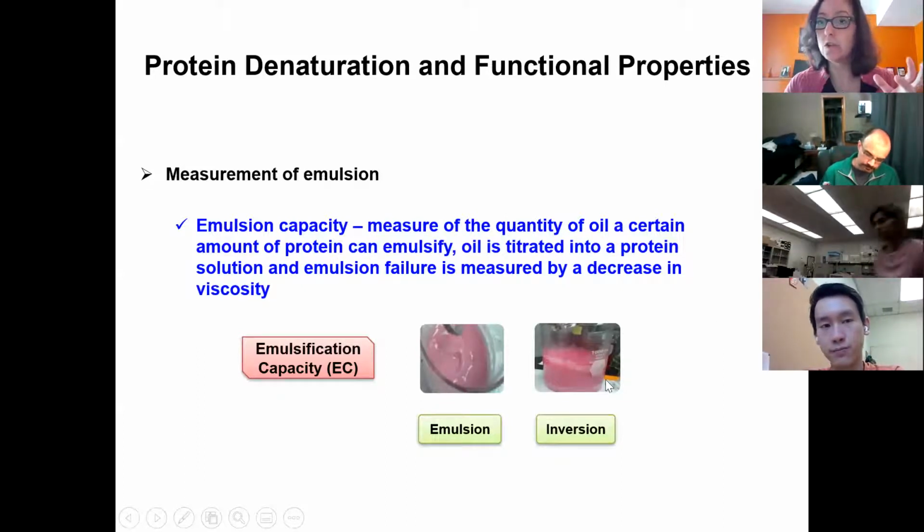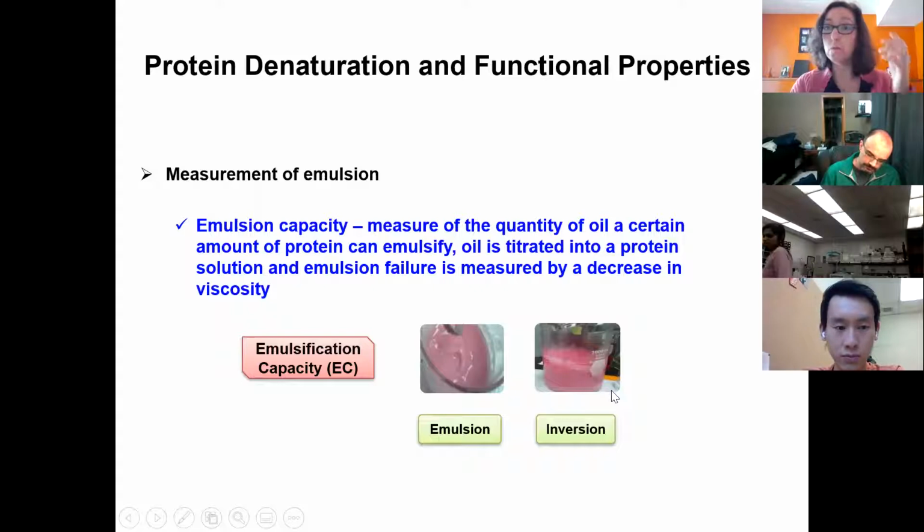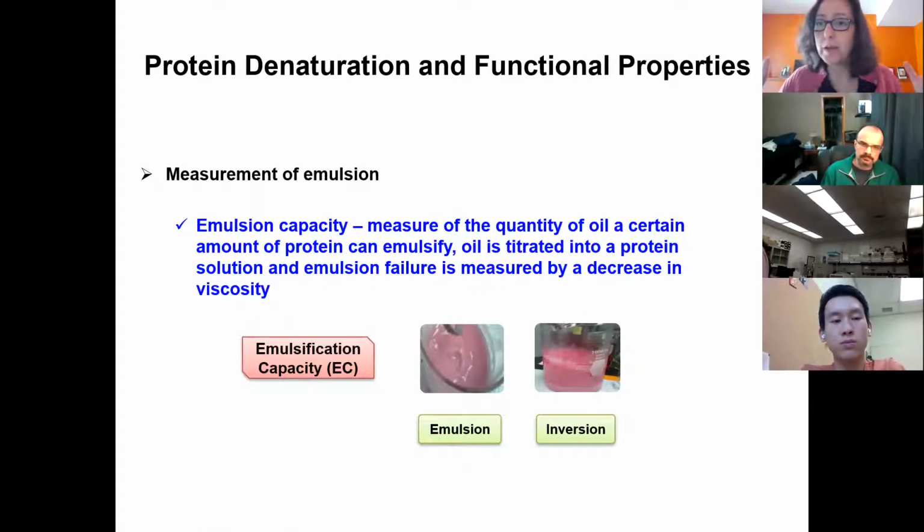So you see an inversion. With more oil, the emulsion breaks. You cannot add any more oil. So you stop titrating, you look at how many milliliters of oil you were able to titrate in, and then you calculate the amount of oil per gram of protein. And that is how we determine emulsification capacity.